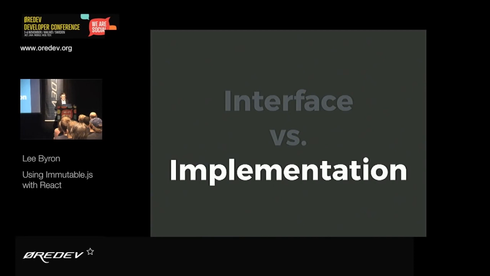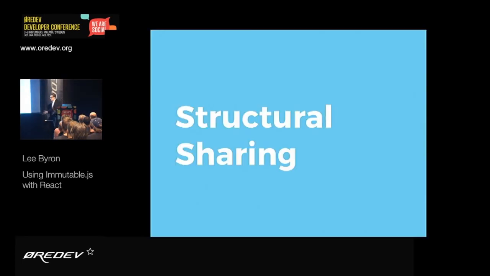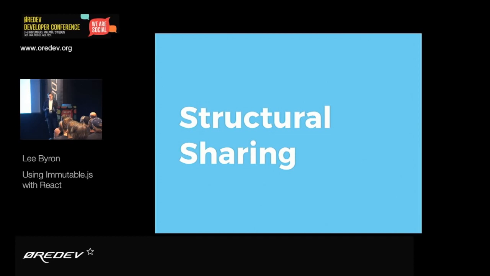The implementation. How do these things work? So we use a technique called structural sharing. Structural sharing means that when we perform one of these mutative behaviors, what we want to do is recycle as much of the previous data structure as possible. So if you push onto a list, what we'd love to do is literally just reference the exact same memory from all the parts of the list that you didn't change, and only replace the bit that you did.